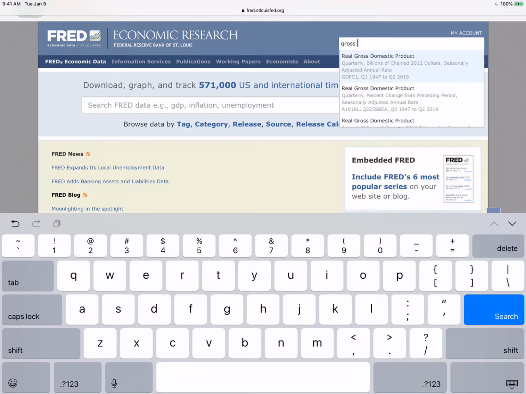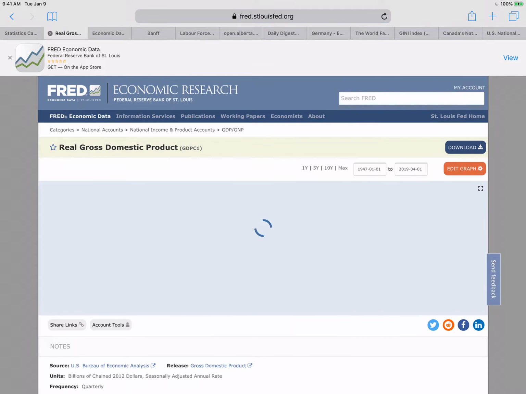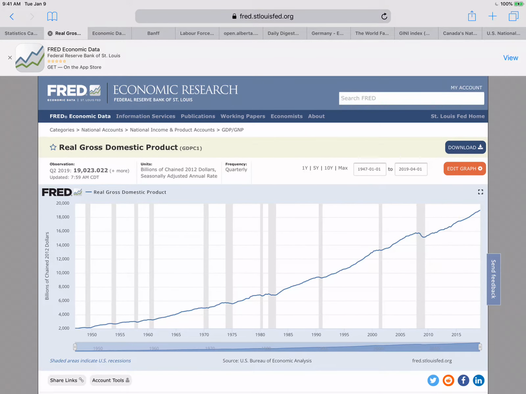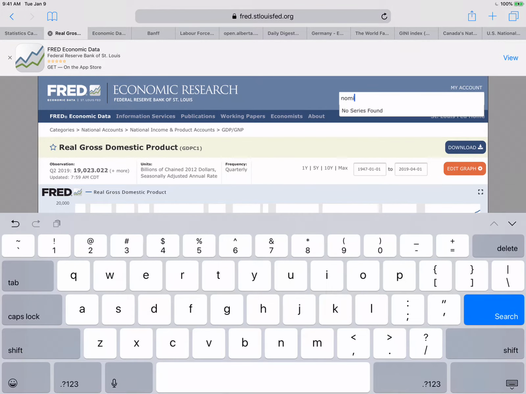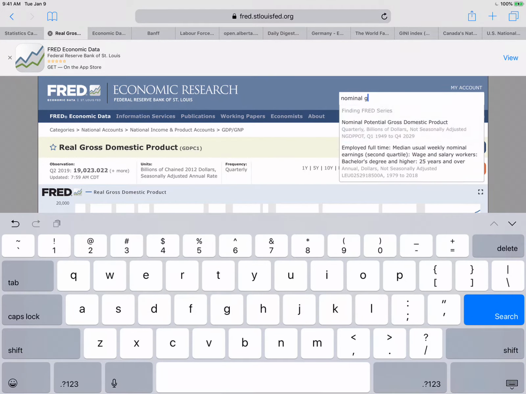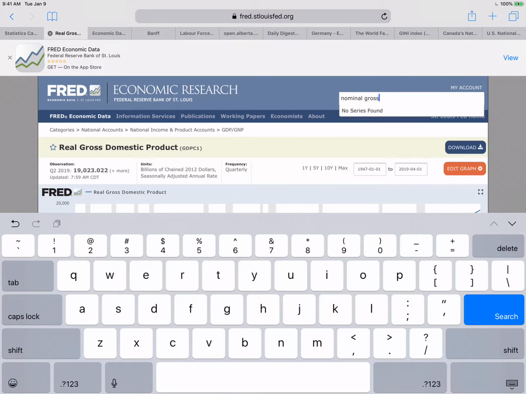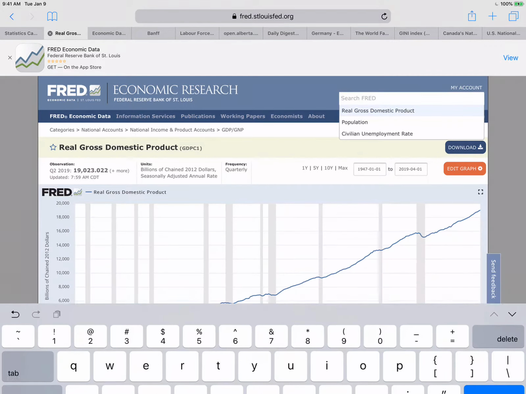So we can look at, for example, real gross domestic product. And we can see that the size of the US economy is 19 trillion when you take out inflation. And we can look at nominal gross domestic product. Let's see if we can find it here.